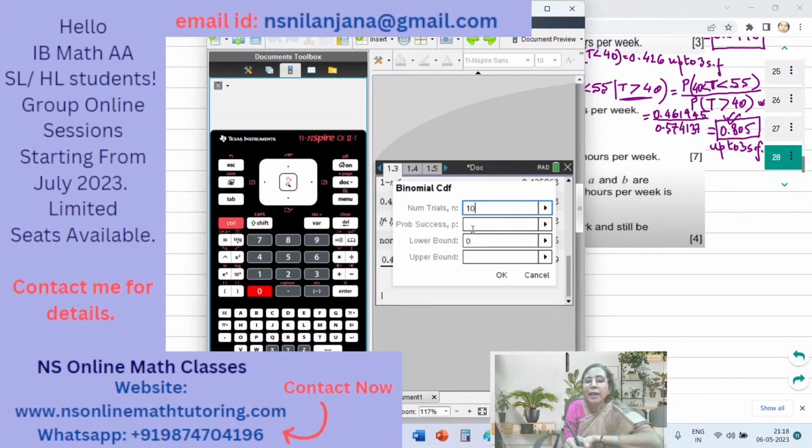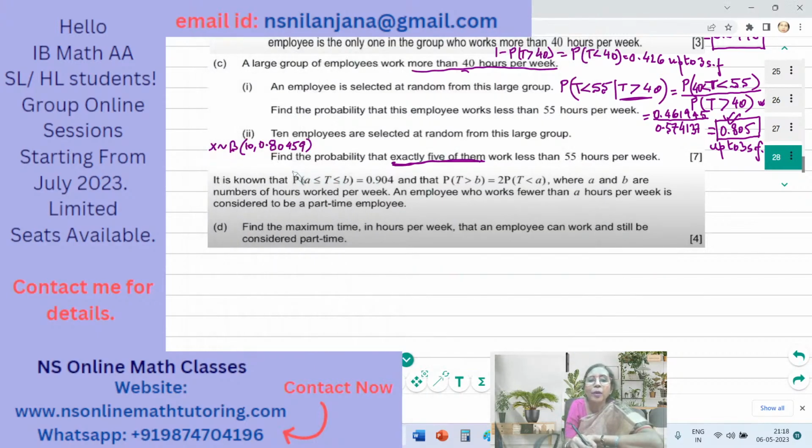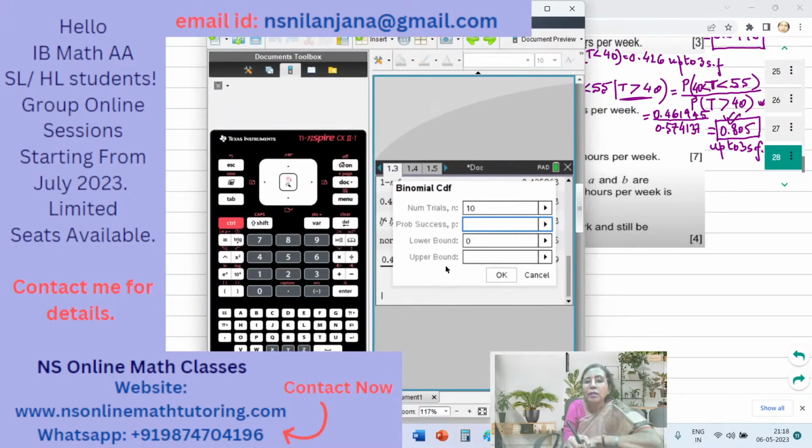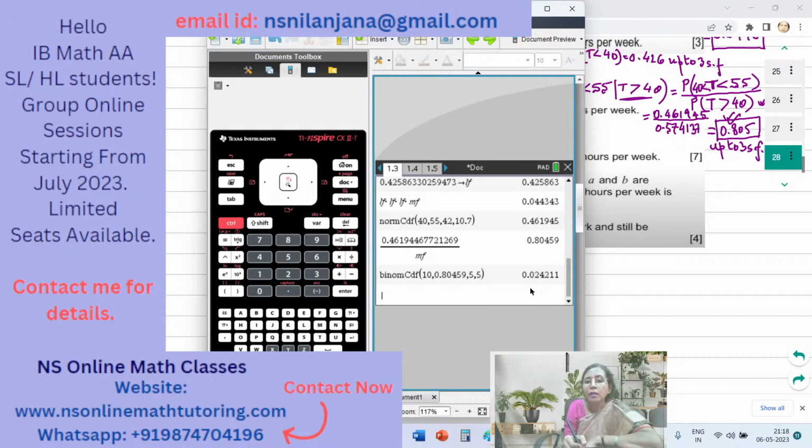Number of trials is 10 and the probability of success is 0.80459. And lower bound is 5. Upper bound is 5. Okay. It is 0.0242. Up to 3 significant figures, it is 0.024.